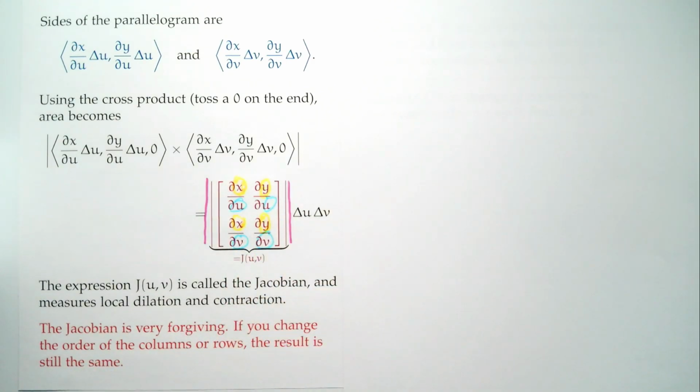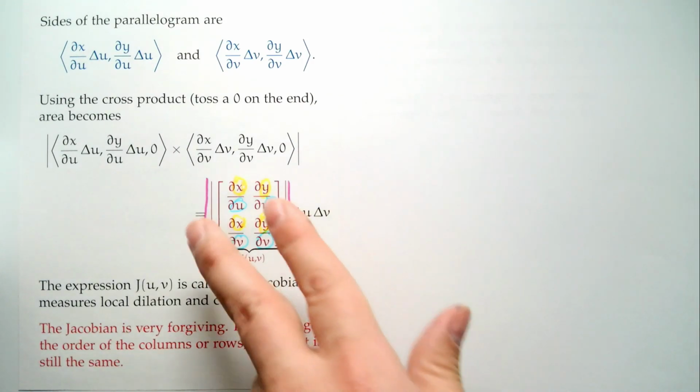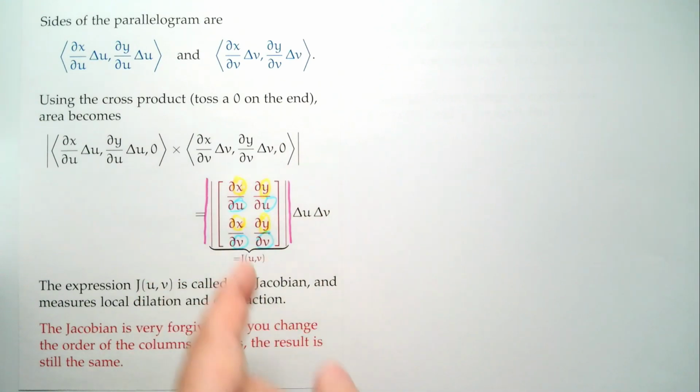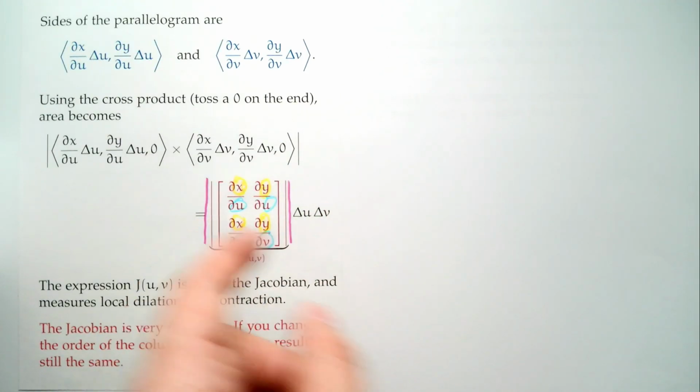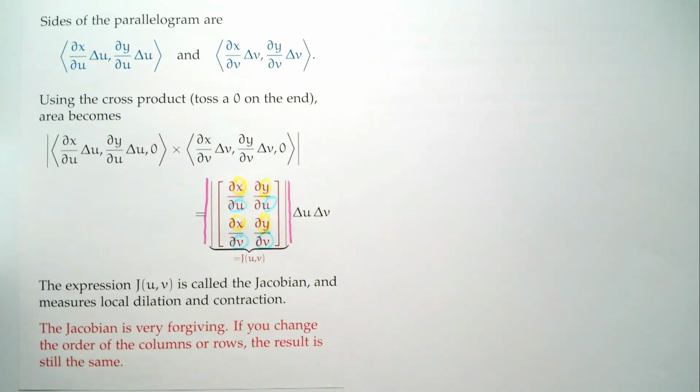And so if you can't remember how to do it, just say, okay, look, I have all my variables in one setting. Those are going to be in my rows. All my variables in the other setting, those will be my columns. And even if you do what's called a transposition, so maybe say partial x, partial u, partial x, partial v, partial y, partial u, partial y, partial v, you're still going to get the same thing. See, it's very forgiving. So just remember, it's all the partial derivatives put together, take the determinant, and make sure it's positive. And that's it. Okay.